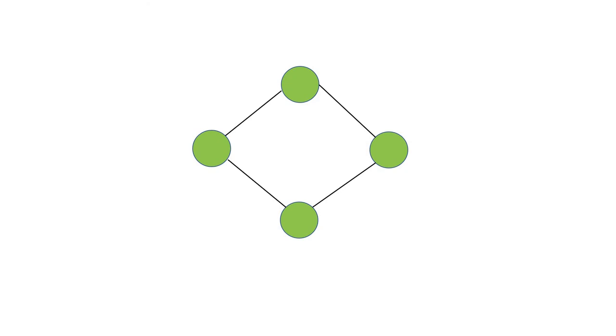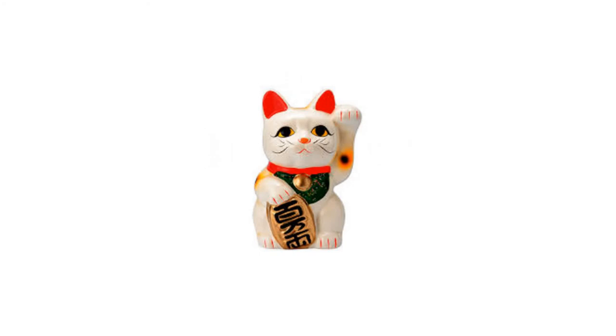So let us see how this methodology works for much higher dimensional data that are a little bit less trivial than a collection of points sampled from a circle. This is a lucky cat. It's a famous Chinese sculpture that you can see in many places in China, in most of the Chinatowns.